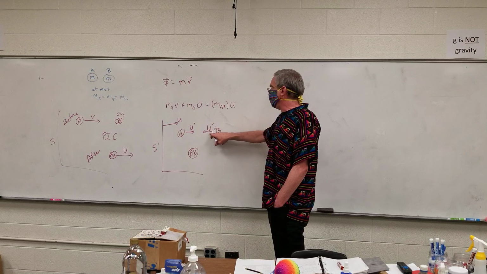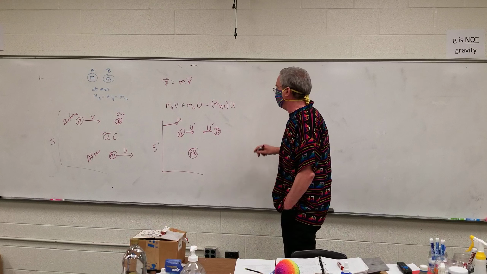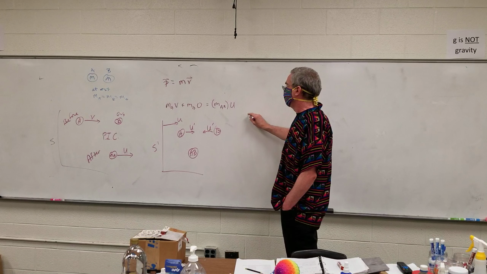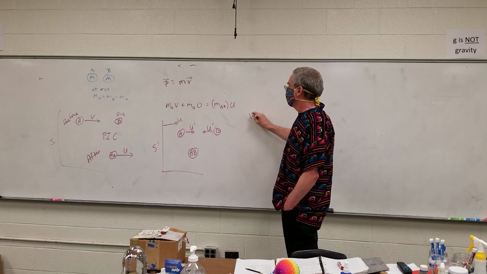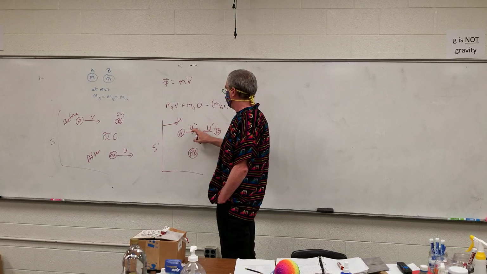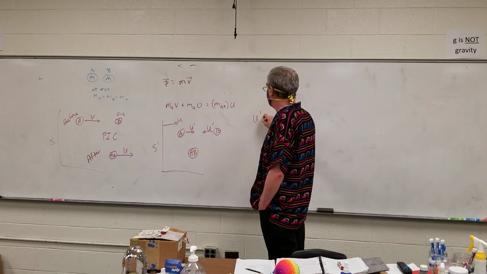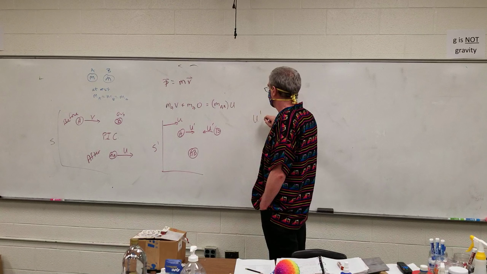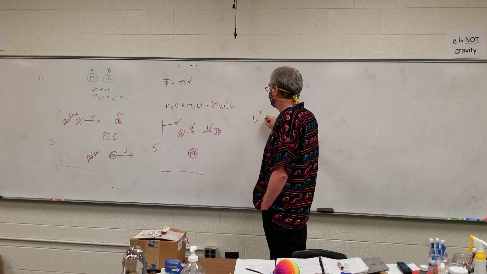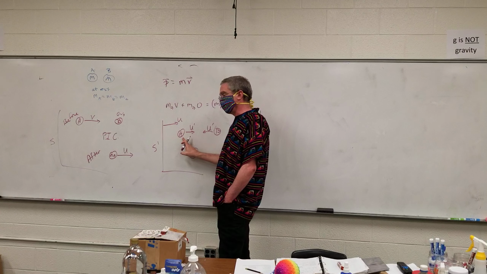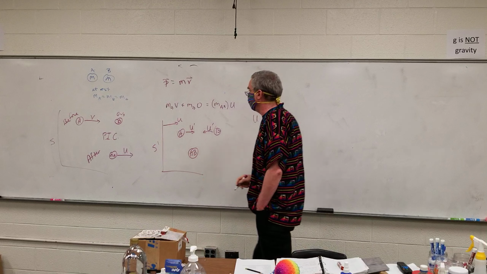Because if I'm trying to figure out how fast this is relative to what we have over there, I'd have U prime is equal to... Just like we had just done, this is the rocket, this is the ball being thrown, Earth is the frame over there.